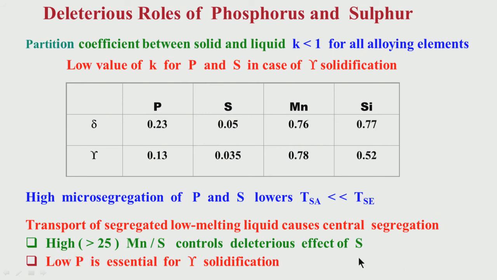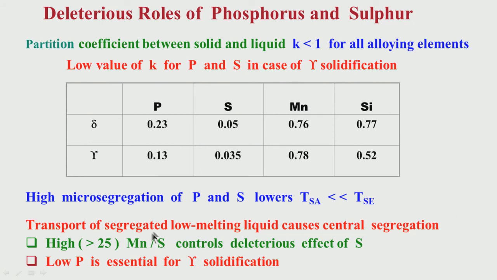So, what happens in presence of phosphorus? Iron phosphide forms, Fe3P. This iron phosphide has low melting point. So, it causes incipient fusion, it causes the actual solidus temperature to get down. So, that is the reason for phosphorus to behave in this fashion.